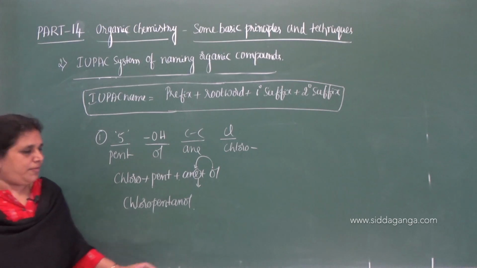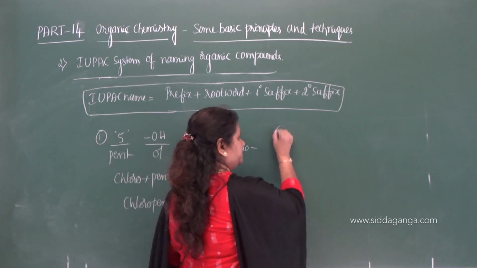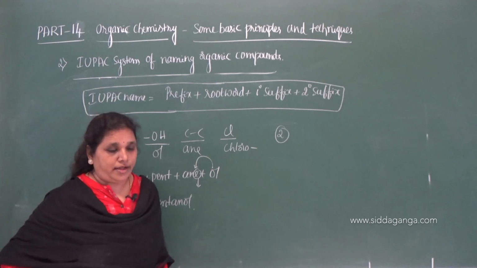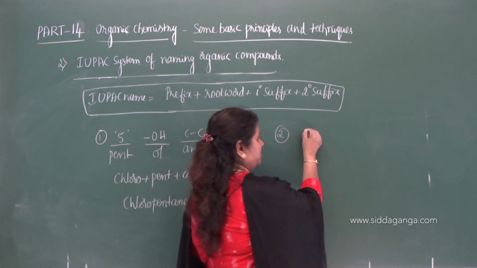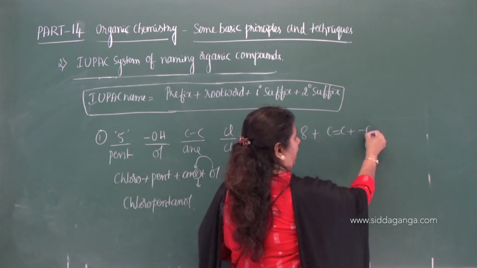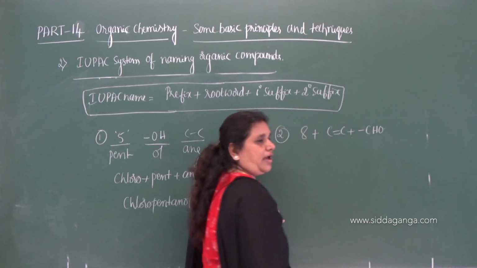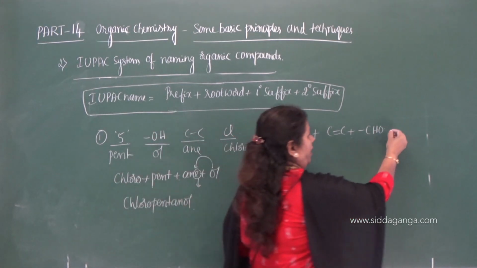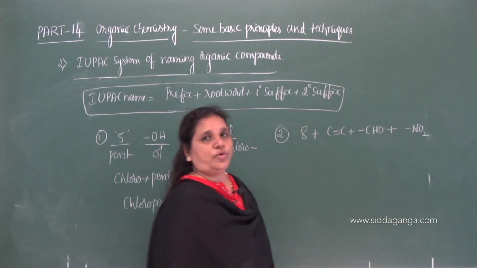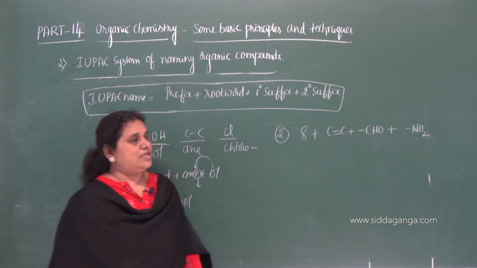Okay, now let me give the second example here. The given organic compound contains 8 carbon atoms and one carbon to carbon double bond, with aldehyde as a functional group, and along with it an NO2 group as one more substituent.